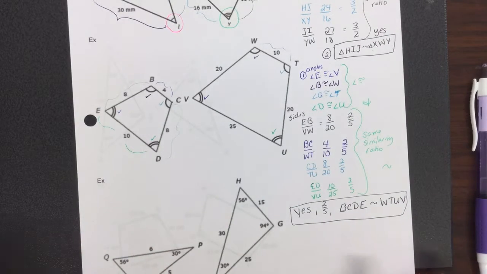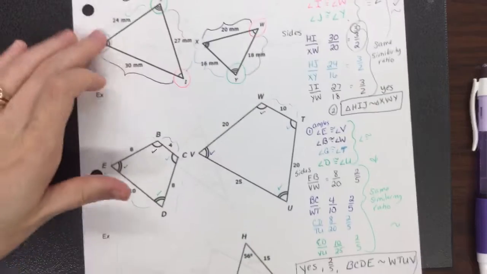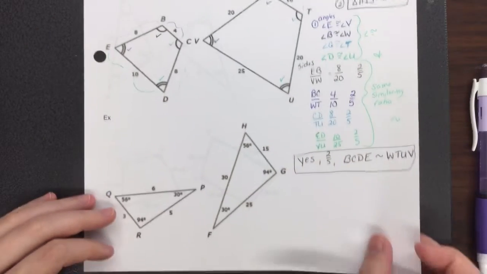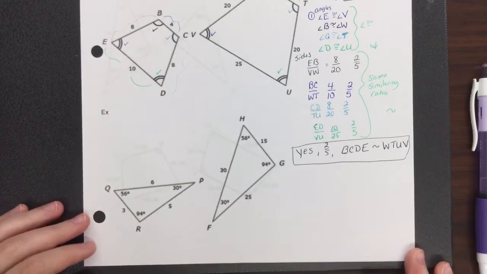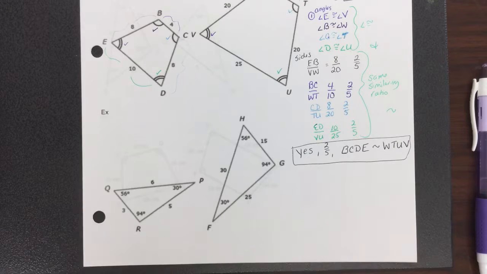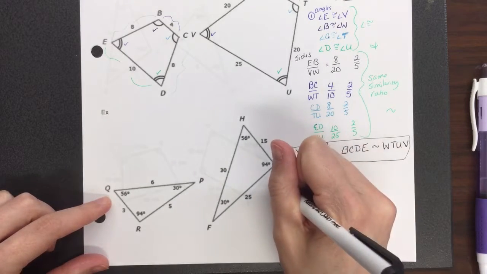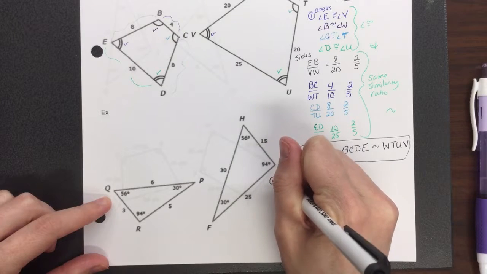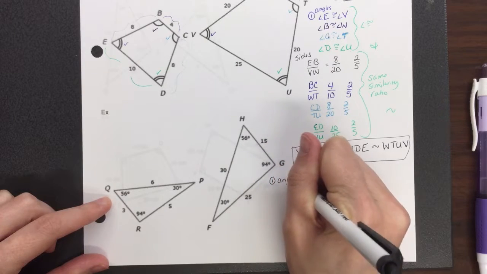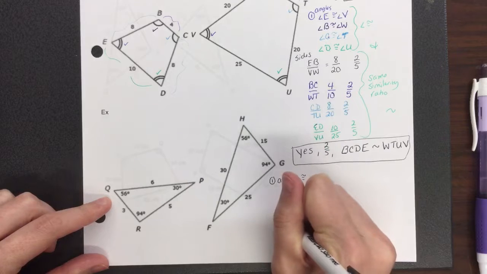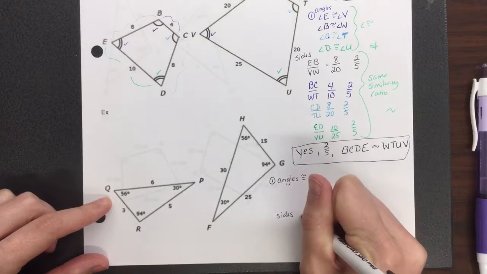Well, with these, they were kind of general with the angles, and they just gave us angle marks to work with. Looking at this one, they give us actual angle measures to work with. So we're still doing the same thing. Are the shapes similar? If they are, we've got to show the angles are congruent and the sides are proportional.